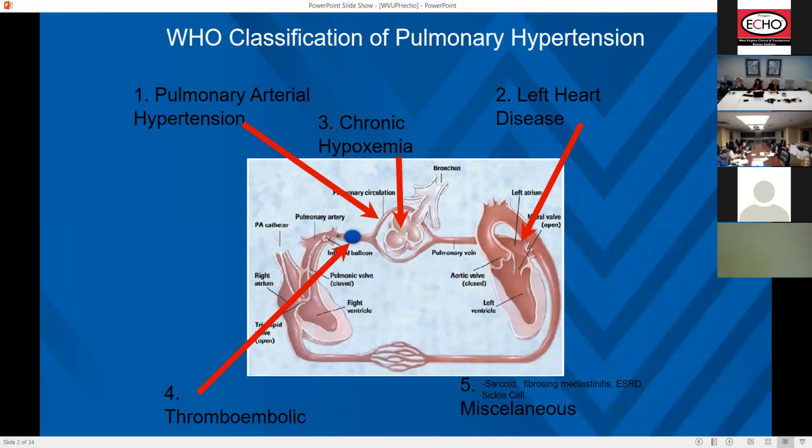Lastly, group 5 is the alphabet soup of everything, the leftovers: sarcoid, dialysis, sicklers, all the miscellaneous ones that don't fit nicely in groups 1 through 4. The most common group 5 one in West Virginia is dialysis patients. That's by far the most common. The rest I can usually put in another bin.